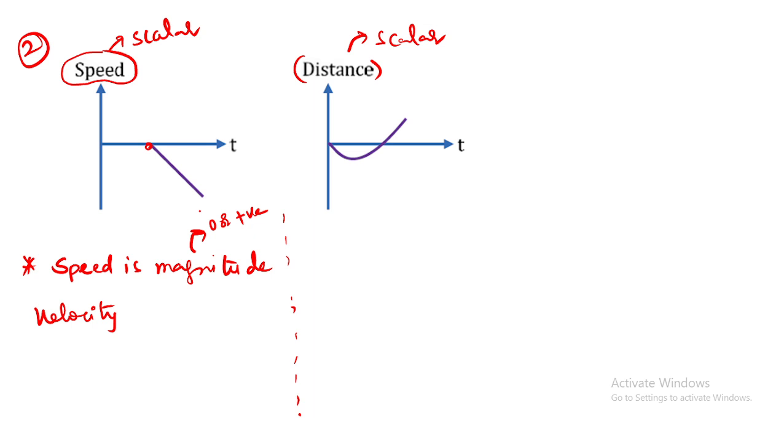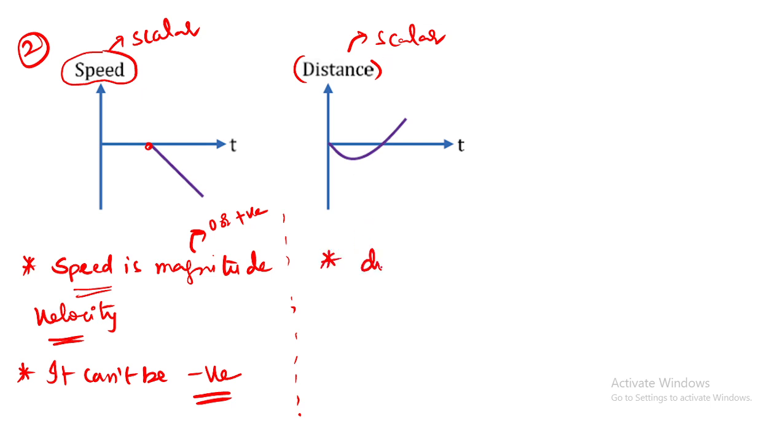Velocity can be negative, 0 or positive. But speed is a scalar quantity. It can be 0 or positive. Since speed is the magnitude of velocity, it cannot be negative. Now distance is a scalar quantity.